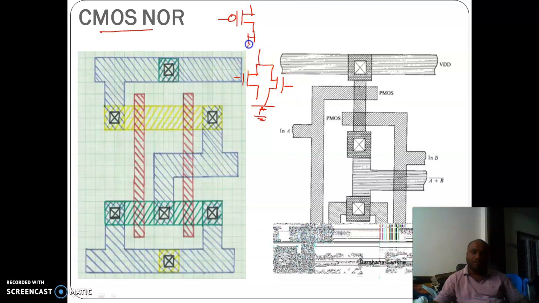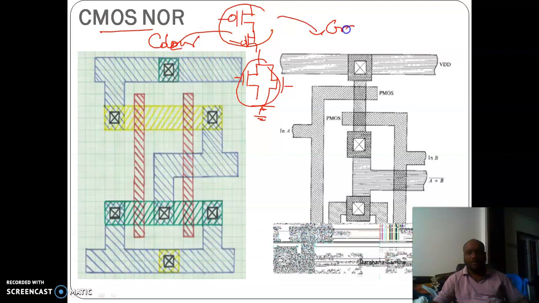In the pull up, two PMOS transistors will be connected in series. For this representation, the layout diagram is represented here using color layout coding, and this one is grayscale coding layout. Right? Hope this is clear.